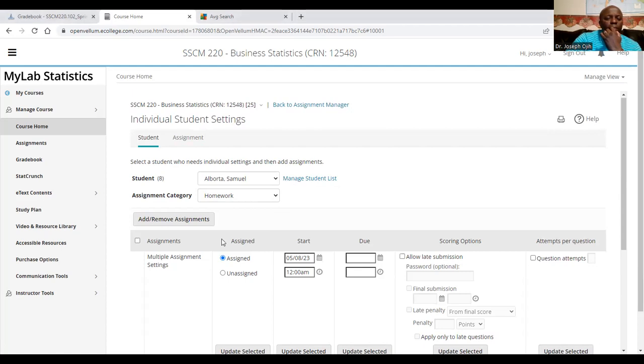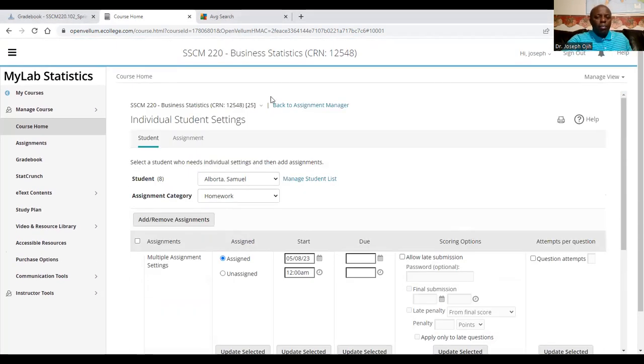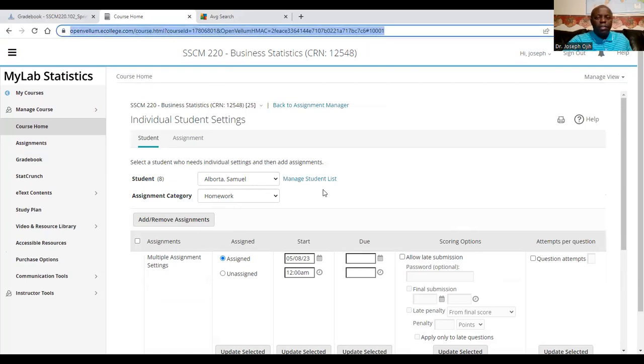I'm trying to add it with your name, but for some reason it's not giving it to me. Give me 1 minute, I'm gonna fix this.